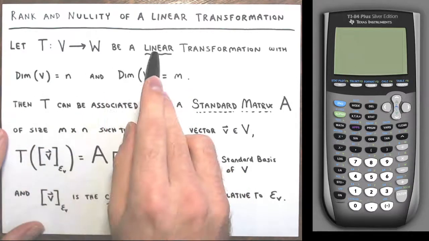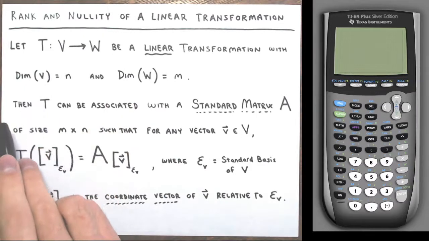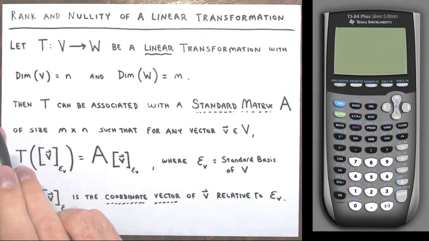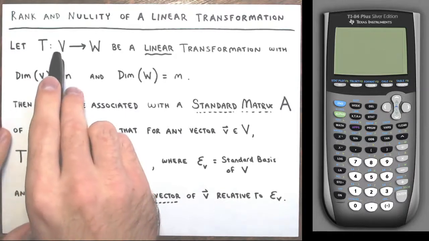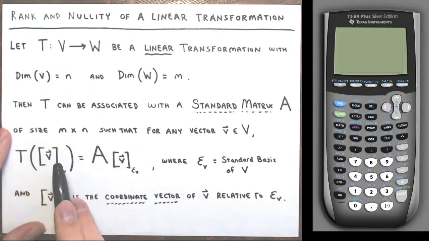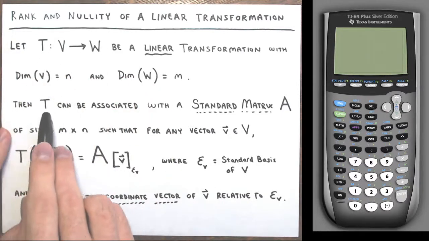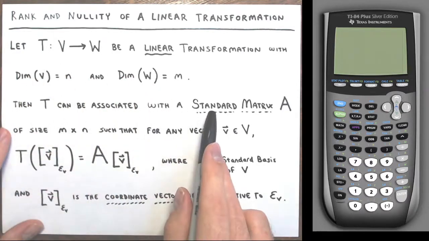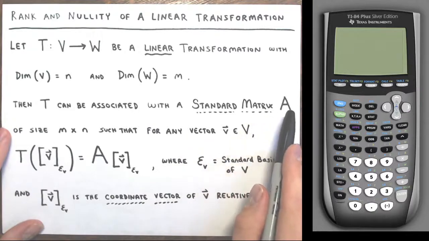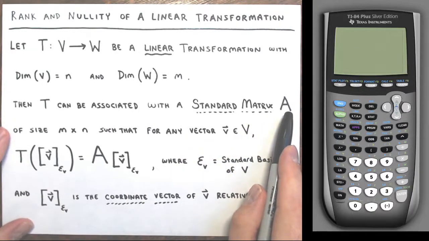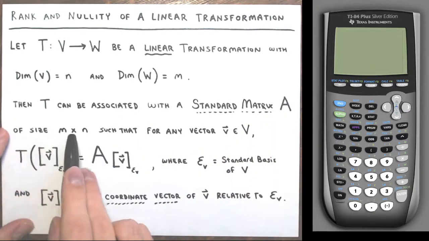Well, if it's linear, remember every linear transformation can be expressed as a matrix transformation, whether with the vectors themselves or coordinate vectors with respect to some bases for the domain and codomain. So again, if T is linear, then T can be associated with a standard matrix, which I'll call A, of size m by n.